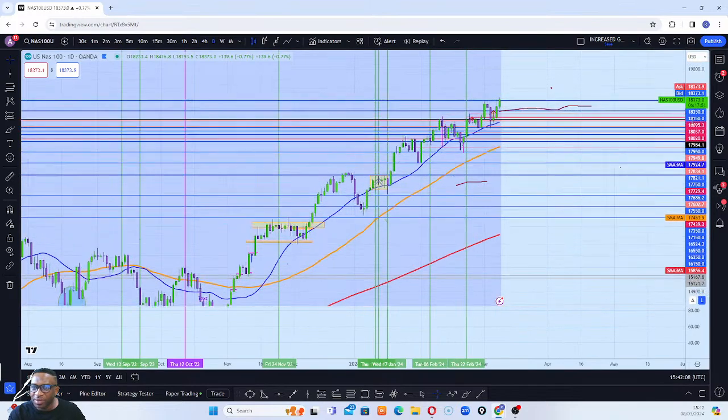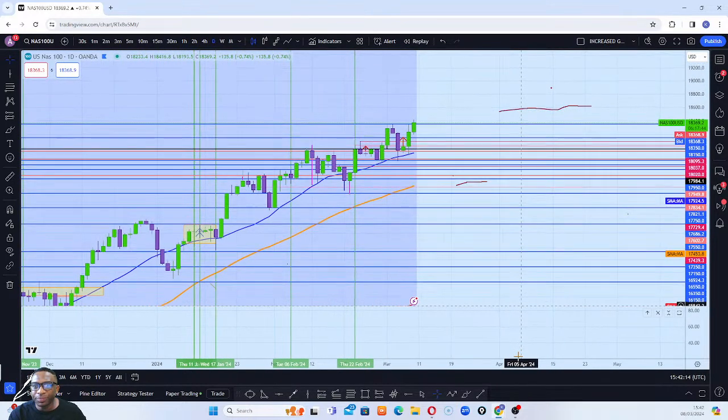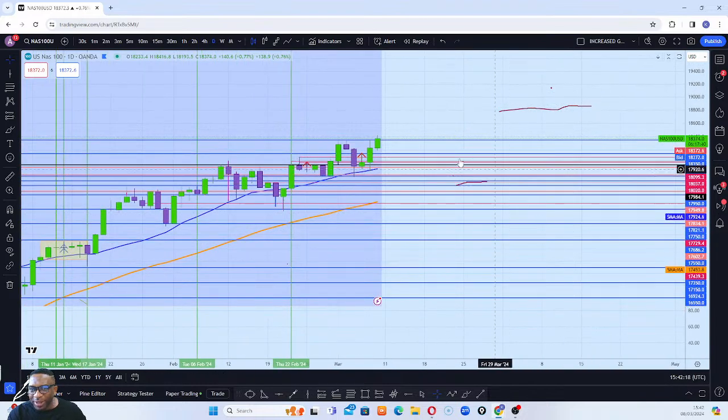Let me stretch it out. This is the daily time frame we are on, and this level happens to be the 18350 key level. And we know what happens when price gets to these key levels. So it will travel from one key level to another. So currently we are holding at the 18350 key level.